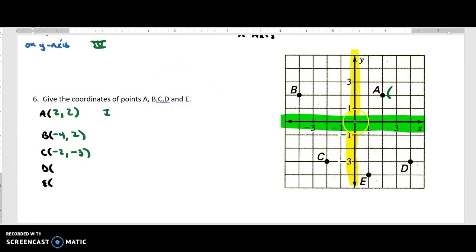Okay, D, if I start at the origin, I go right 4, so x is +4, then I go down 3, so y is -3. Then E, I start at the origin, I go over 1. So x is +1, since I went to the right one, down 4, so the y value is at -4.